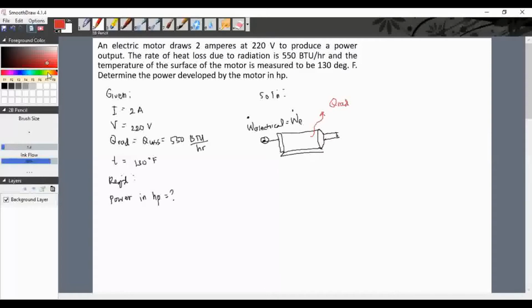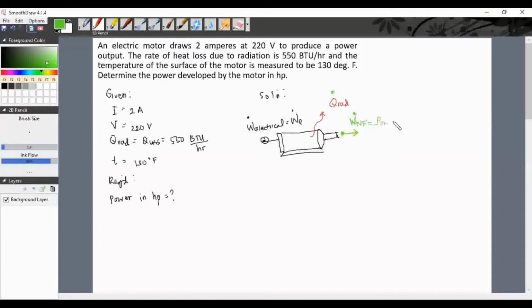And of course, meron tayong work, no? Ito yung ating work. Work, non-flow. Okay? This is work non-flow. Oh, by the way, this is per time basis. So work non-flow, which is equated to your power, no?